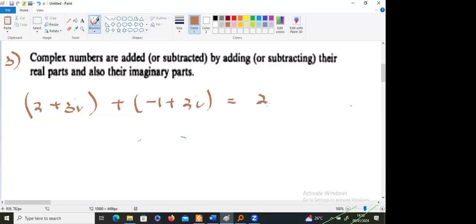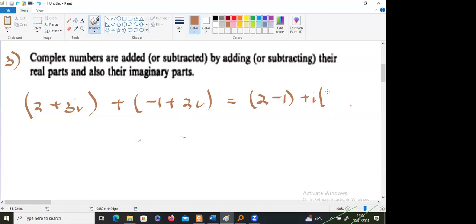Add the real parts: take the 2 and add it to -1. And also add the imaginary parts: take the 3 and add it to 2.